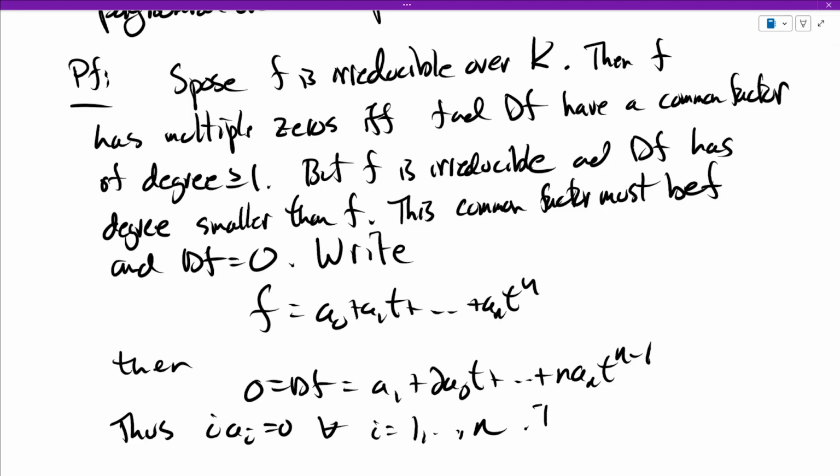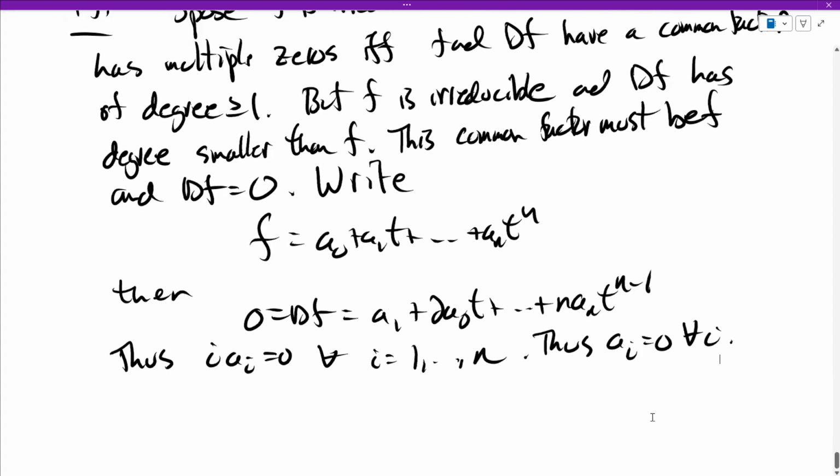This tells us that f is a constant, and so it has no zeros.